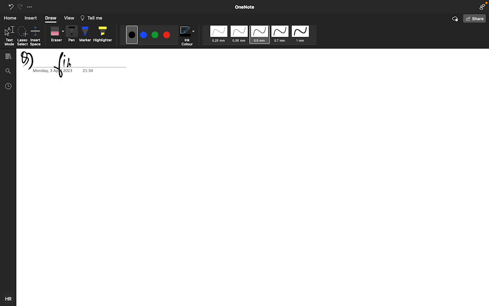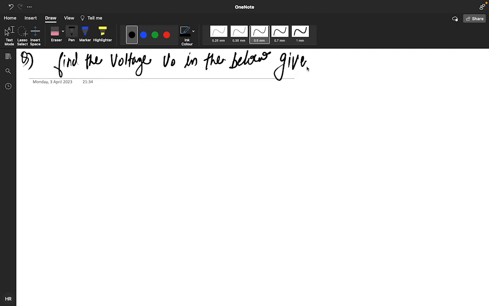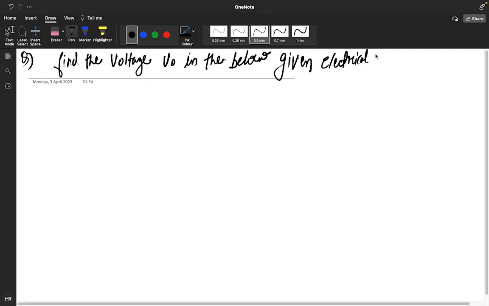You need to find the voltage V0 in the below given electrical network when your circuit is operating at resonant frequency.